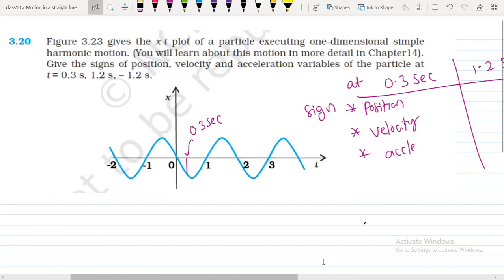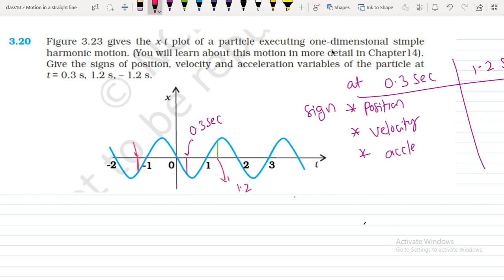If I draw one more line here, let me take this as 1.2, and negative 1.2 maybe somewhere here, so this is minus 1.2 seconds.